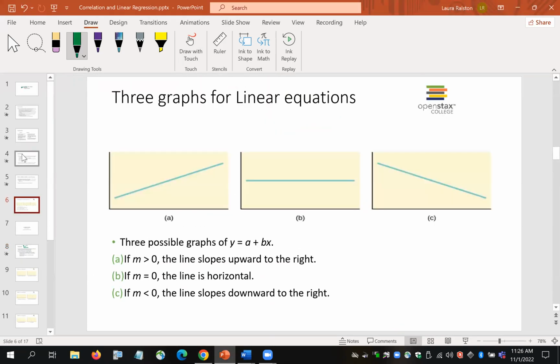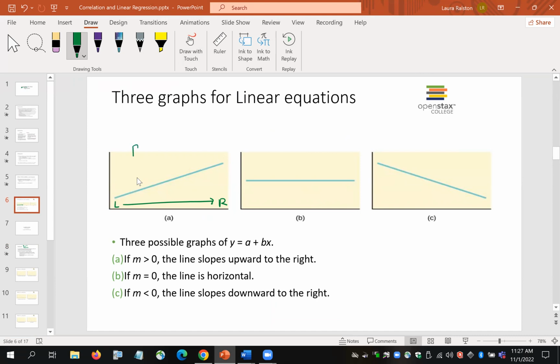Okay, so when you look at the scatter plot and you're thinking about, is the overall pattern positive, negative, or 0? Again, you're thinking about, as you move left to right, does the graph appear to go up?